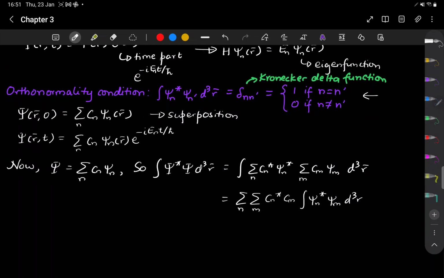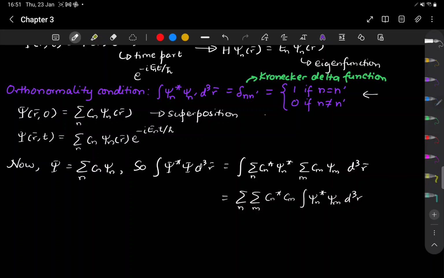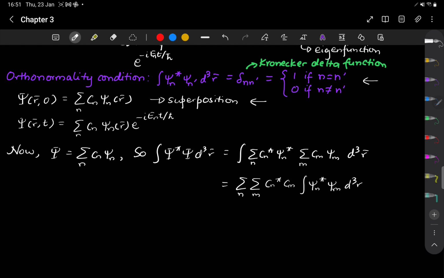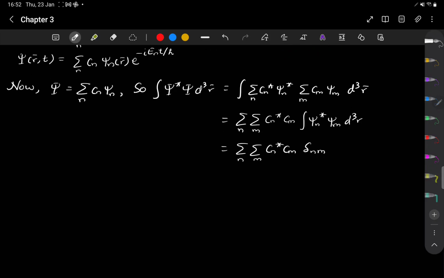So I used superposition to come to this step, from the first step to the second step, and now I will use the orthonormality condition. So this simply becomes delta n m by making use of the orthonormality condition.